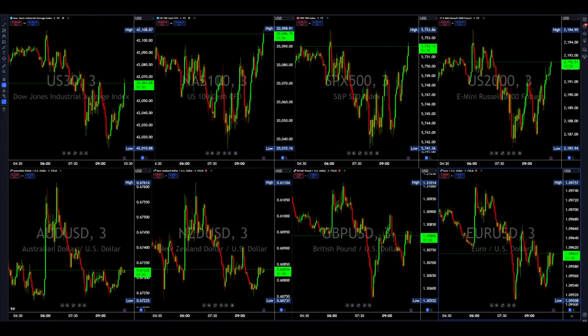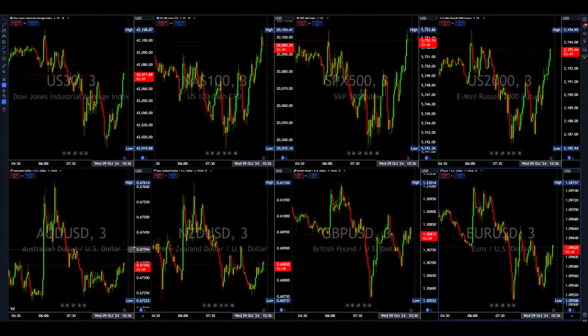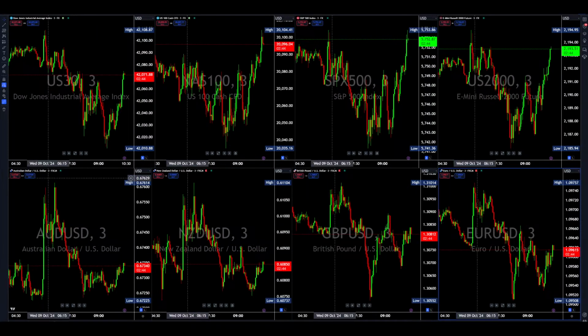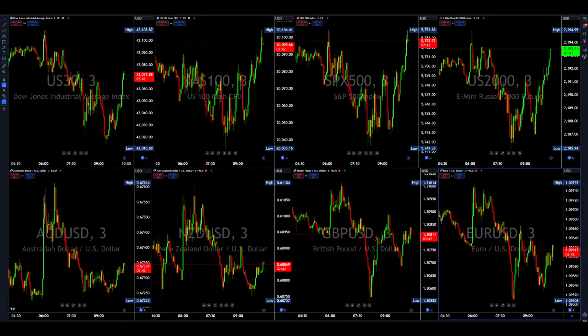On this window, we look for short-term opportunities. This window is the window where we look at the setups, especially for the short-term 3 minutes time frame.